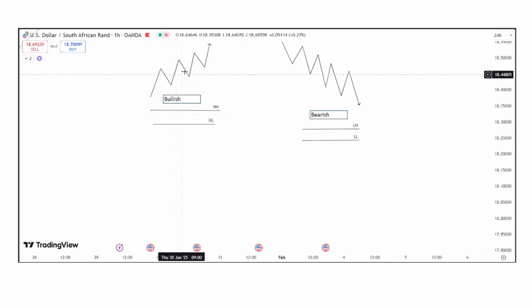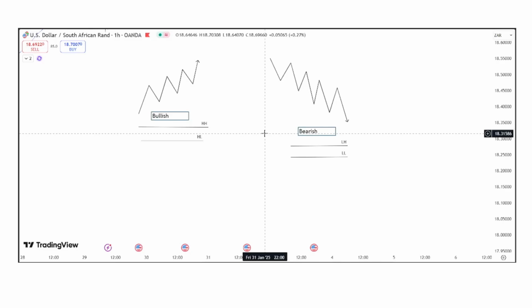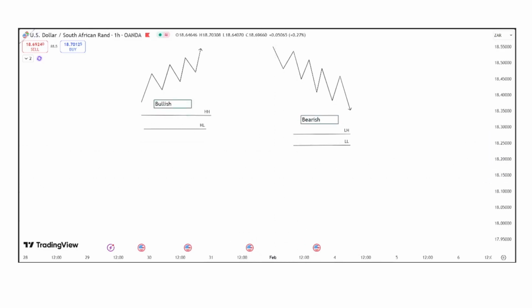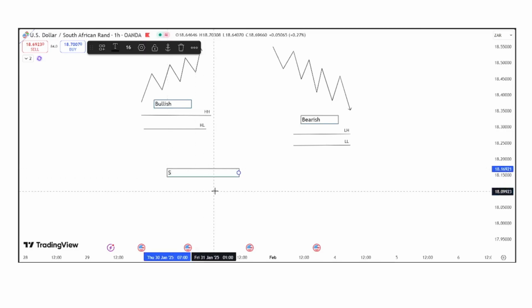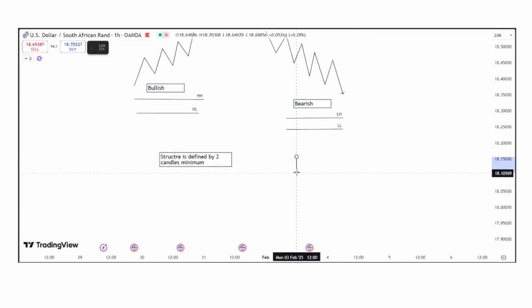Alright, so as you can see here, obviously this is a 1 hour time frame. All that doesn't matter. Structure, for me, is defined by 2 candles minimum. So what this basically means is if it is just a single candlestick in the opposite direction, it doesn't really matter.